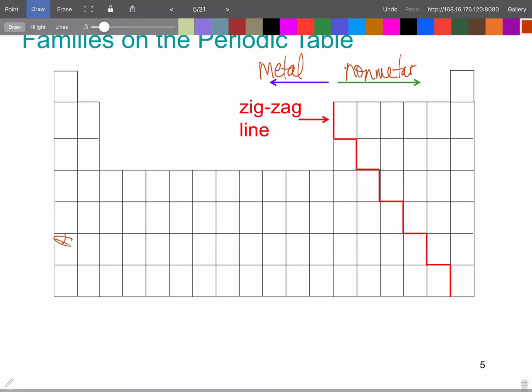If you'll remember, these are your alkali metals or alkalis, alkaline earths. Okay, remember we said this was 1 plus and this is 2 plus when we look at ions, so it's kind of combined. The next group, and I'm going to go from the other end, these are noble gases, or we also refer to them as the inert gases.